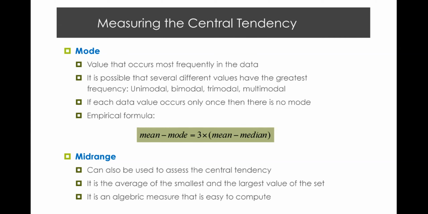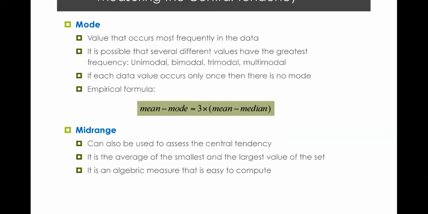The frequency is the same: 52,000 occurs 3 times, and 70,000 occurs 3 times. So that's the reason two numbers are most frequent, 52,000 and 70,000. That's the way you can call it bimodal.